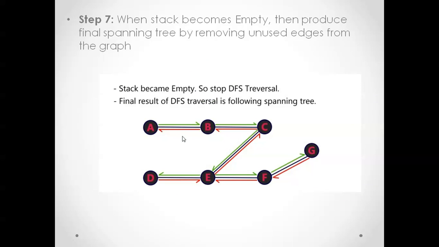So this is all about depth first search. What is the aim of depth first search? The loops we have in the graph are going to be removed, and we are making a spanning tree by using depth first search traversal.